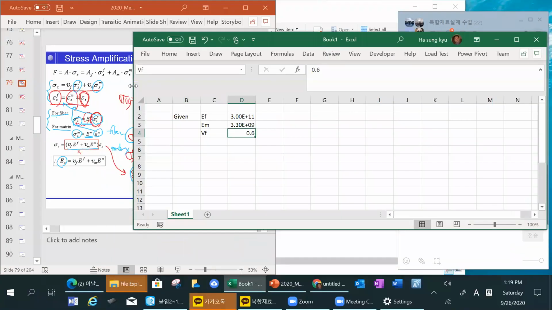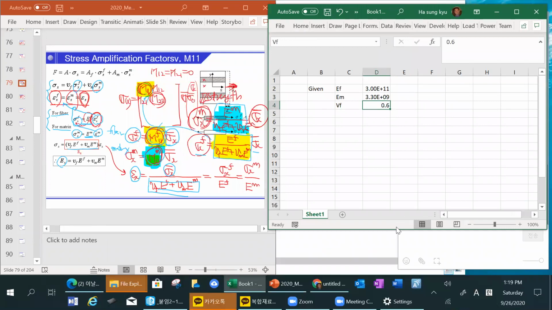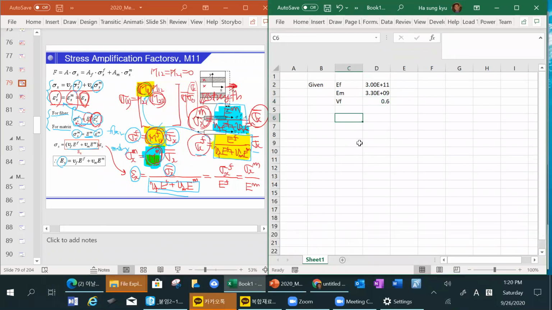And I very strongly urge you to use names rather than addresses. Address means that, say you want to calculate some value, and you can of course use D2.